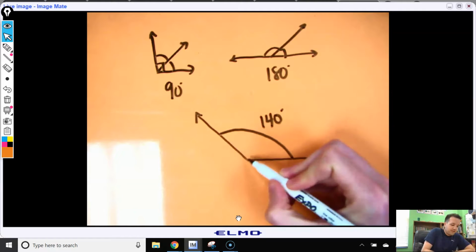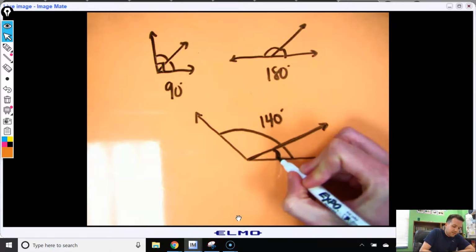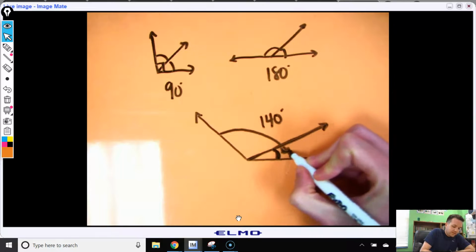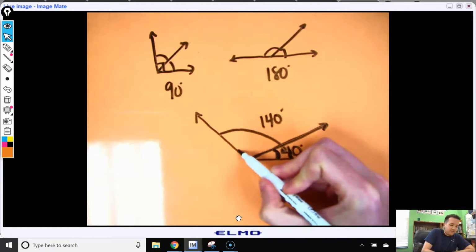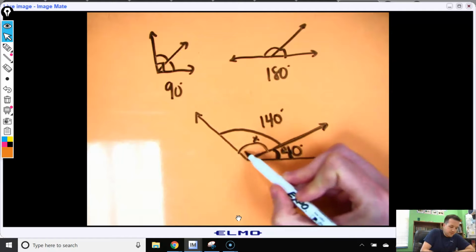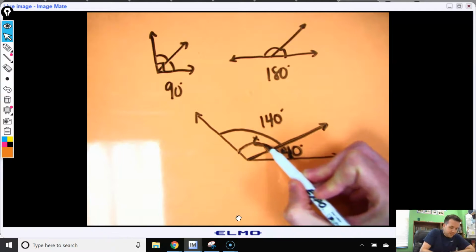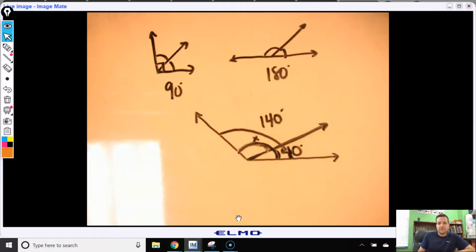And then you also have to be told some other pieces of information. Like, for example, if I say I decompose it into, this is 40 degrees, and I ask you, what's the measurement of this angle right here, angle X? Well, wouldn't you agree that angle X plus the 40 degrees is 140 degrees then?